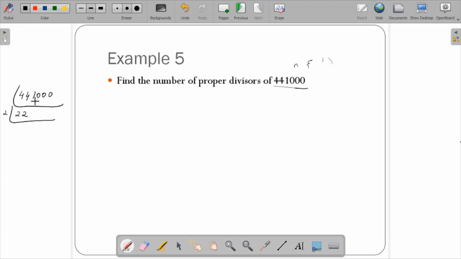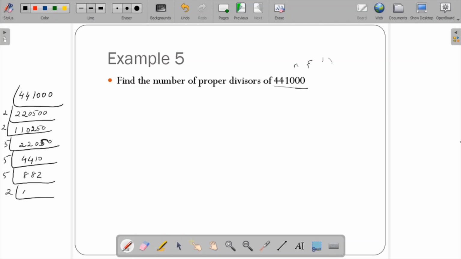It gives 22050. Again divide by 2, it gives 11025. Then 11025 is divisible by 5, giving 2205, and again by 5, giving 441.